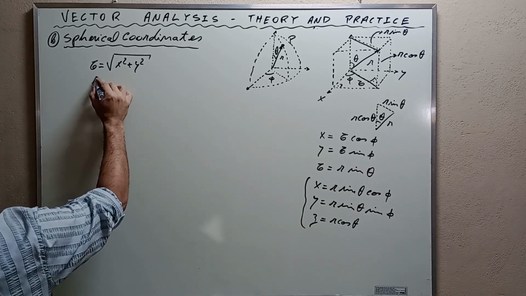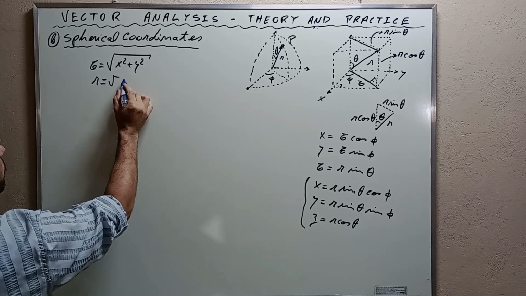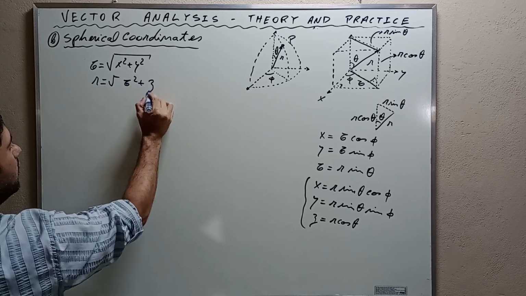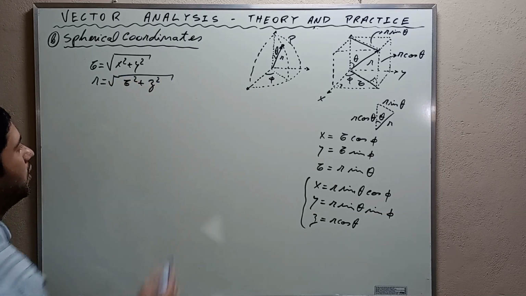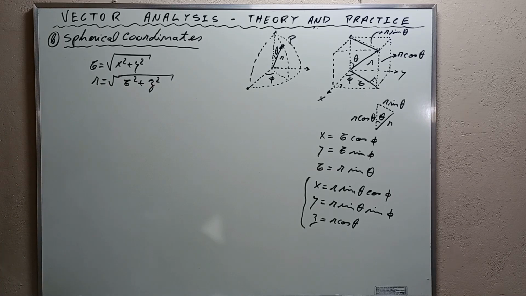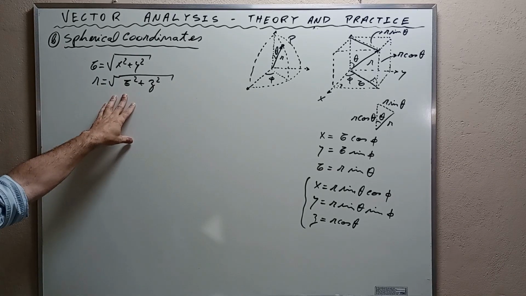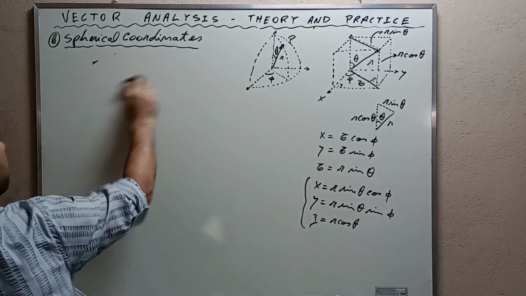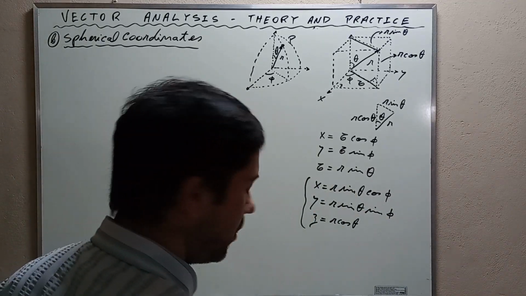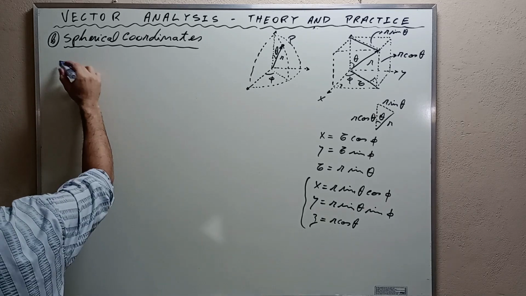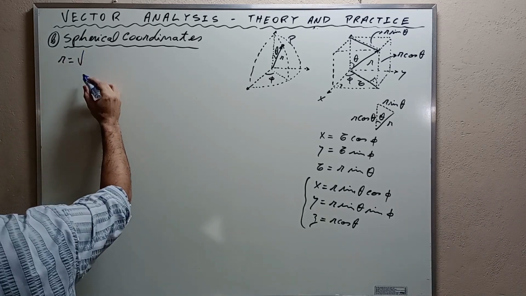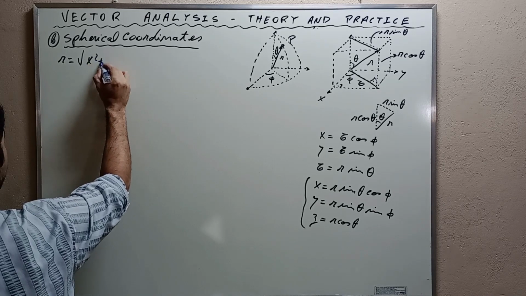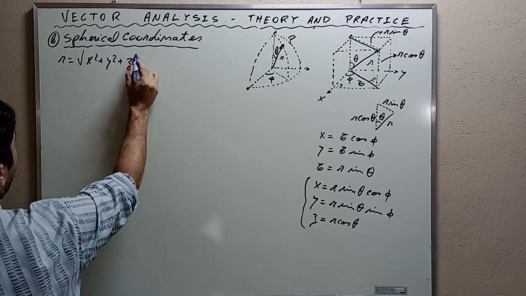Therefore, r is equal to the square root of tau squared plus z squared. Okay? If we bundle them together, we find that r is equal to the square root of x squared plus y squared plus z squared.